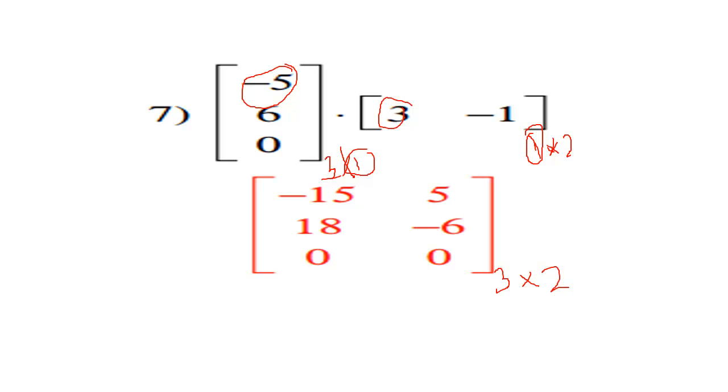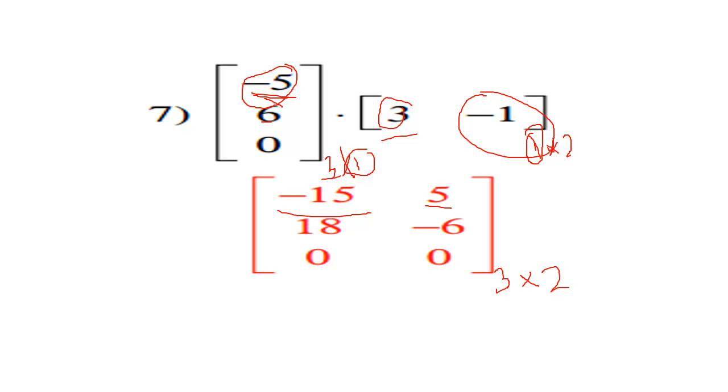So negative 5 times 3 is going to be negative 15. The first row times the second column, so negative 5 times negative 1 is going to be 5.